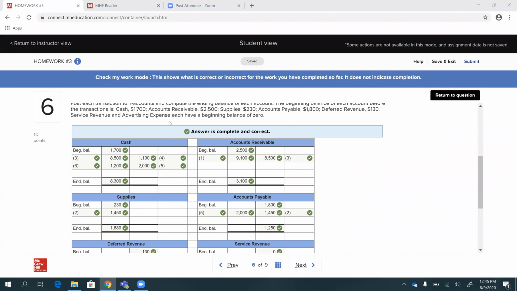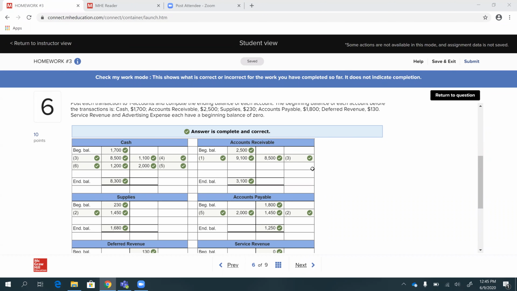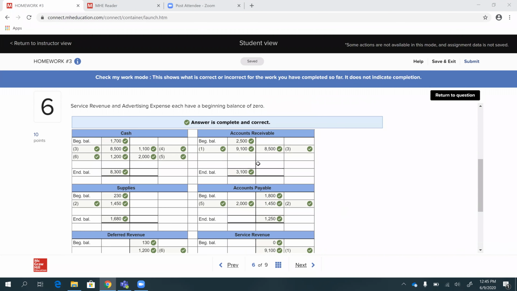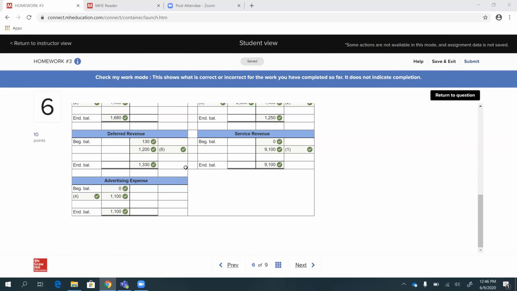As you can see, I have everything entered correctly. I have all my green check marks here, so that means I have everything entered exactly as it needs to be. Remember, your debits have to equal your credits, so you could check yourself. Make sure that $8,300 ending in cash plus $3,100 ending in accounts receivable plus $1,680 in supplies plus your advertising expense of $1,100, you have total debits of $14,180.